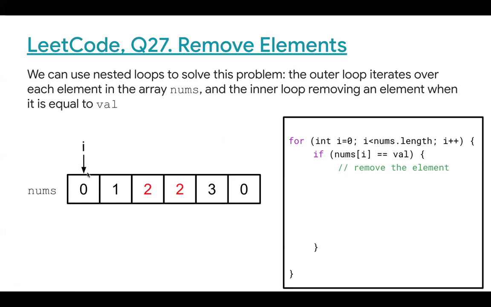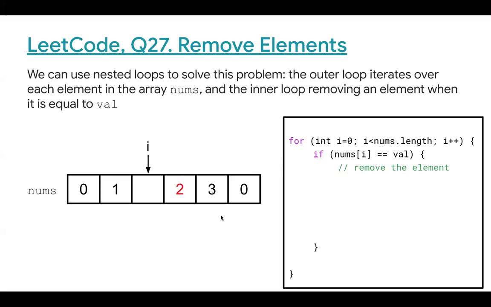The first element 0 is not equal to val. So we move to the second element. 1 is not equal to val. Here, val is equal to 2. So 1 is not equal to 2. So we move to the next element. Now, this element is equal to val. So we will have to run the code inside this if statement so we can remove this element.